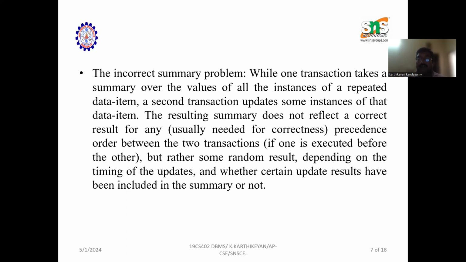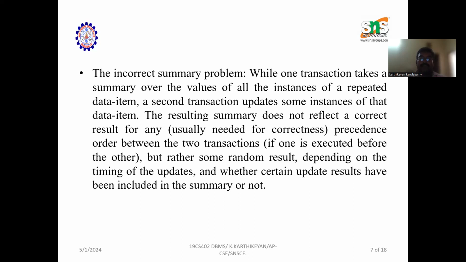Incorrect means I have already taken 10,000 rupees from the ATM machine, but due to some failure it cannot be updated. The same account value can be updated once again, which is called an incorrect summary problem. So once you refresh, you can update your data from the same account detail. This is a process of the database management system.